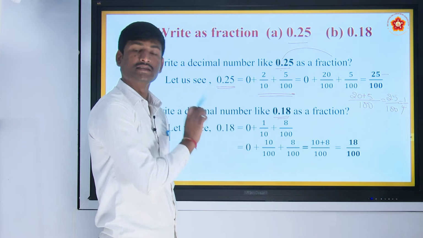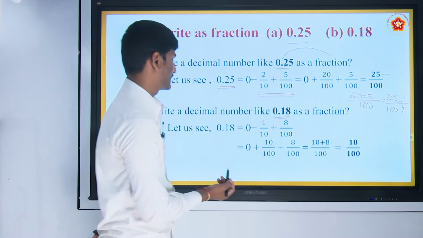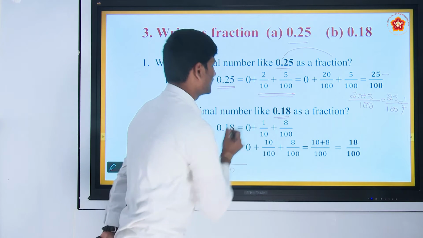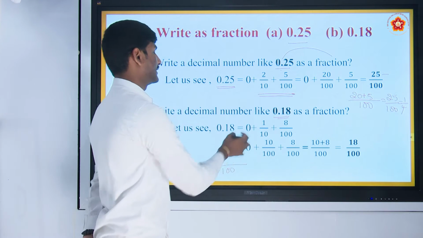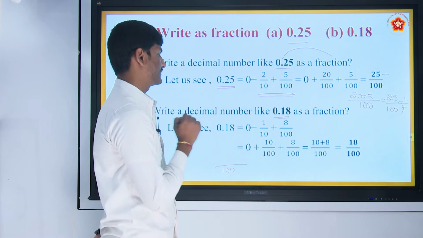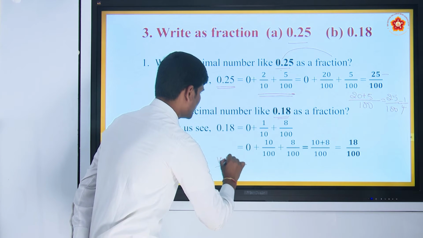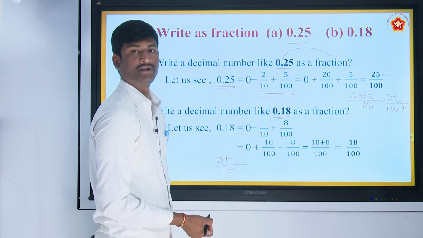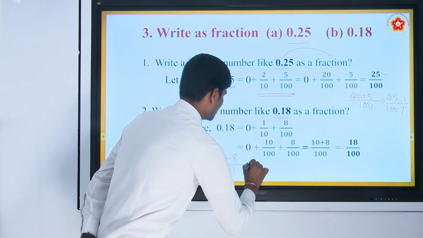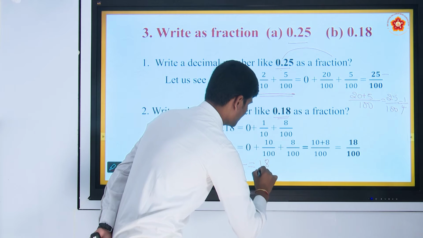Or another method, we take the LCM of 10 and 100, which is 100. 100 divided by 10 is 10, 10 into 1 is 10, 100 divided by 100 is one time, 1 into 8 is 8. 10 plus 8, how much? 18. 18 divided by 100.